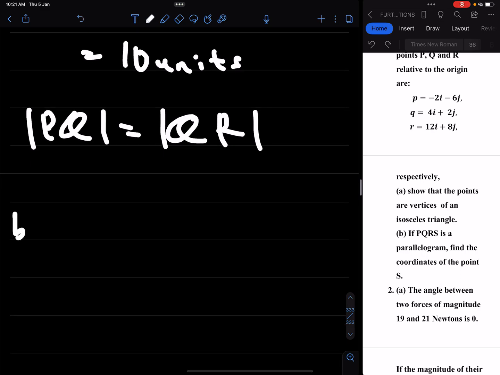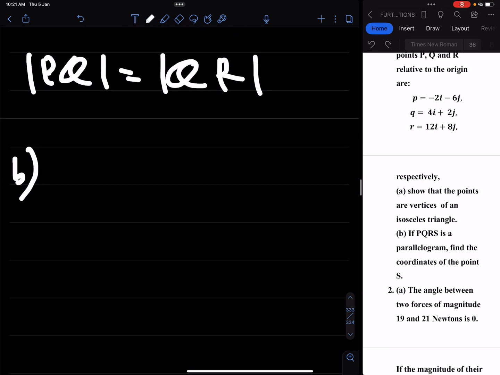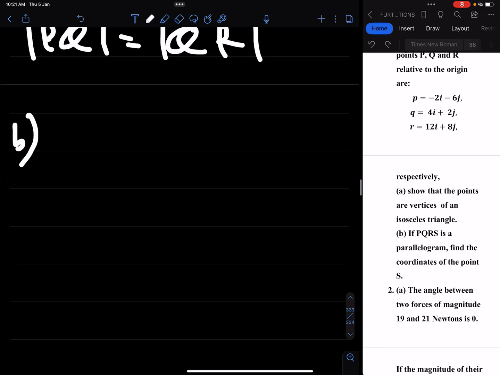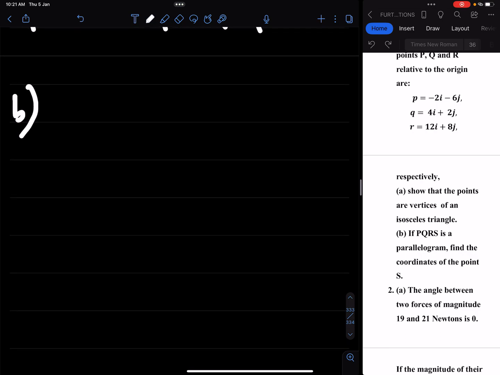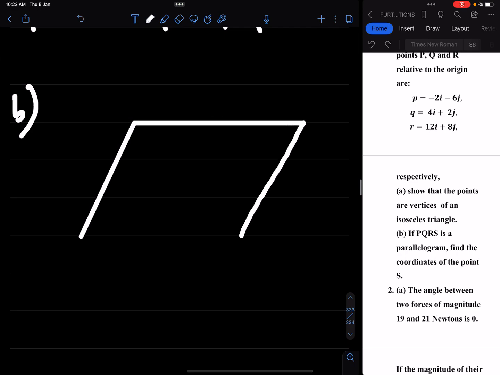So let's go straight to B. Question B says, if PQRS is a parallelogram, find the coordinates of the point S. Let me sketch a parallelogram here and name it PQRS.